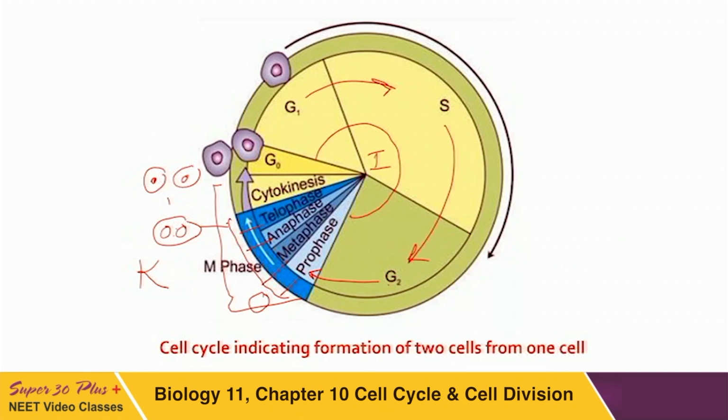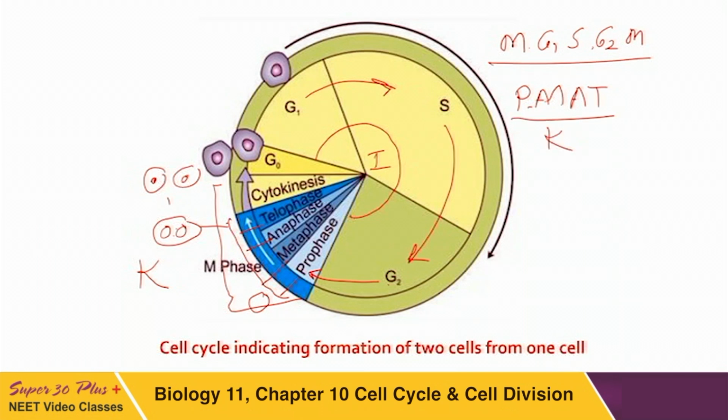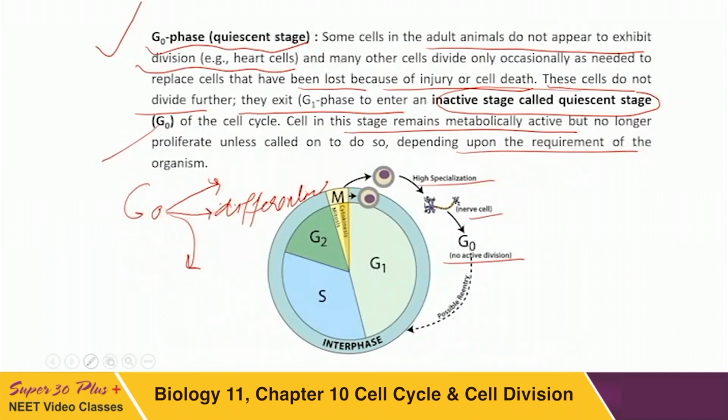The proper sequence will be M, then G1, then S, then G2, and again M. If we want to ask one more thing here, in M phase there is prophase, then after prophase metaphase, anaphase, telophase, then karyokinesis followed by cytokinesis, all together M phase. M phase will be followed by this. We have to see it now.